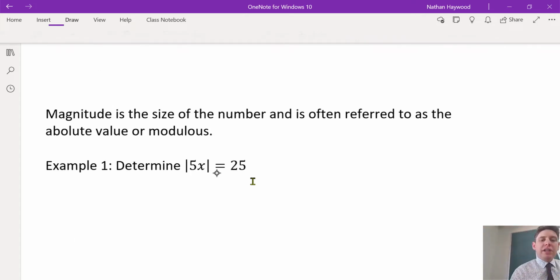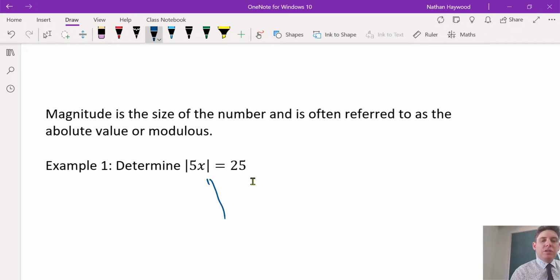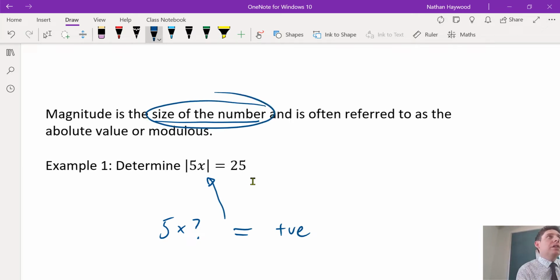So in case you've never seen absolute values before, it's just the size of the number. That's what it's determining. So there's no negative signs. Whatever operation happens, the absolute turns it into a positive answer because it's just the size of the number that we care about.